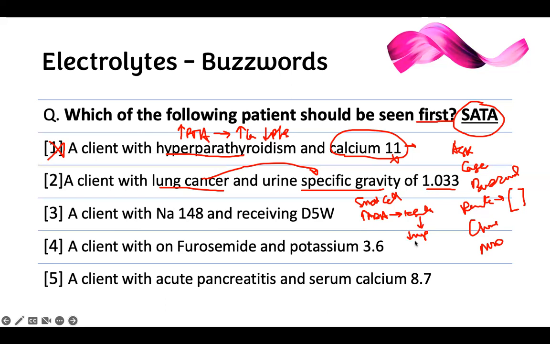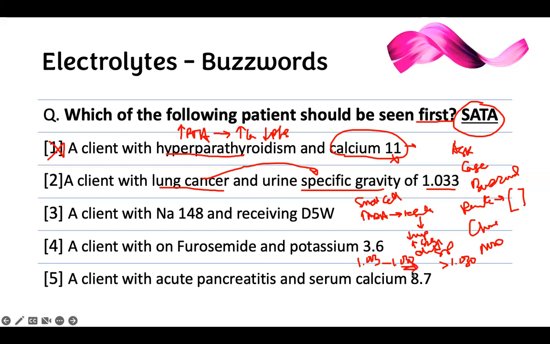When your urine output decreases, your urine is going to get concentrated, and all electrolytes in it are going to go high. Specific gravity of your urine is greater than 1.030. The normal range is 1.003 to 1.030.